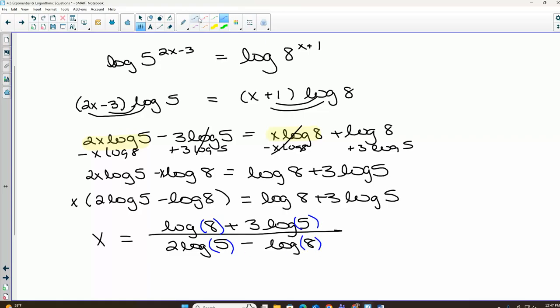I want everybody to type this in now. We should get 6.062. If anyone needs me to look at their calculator.